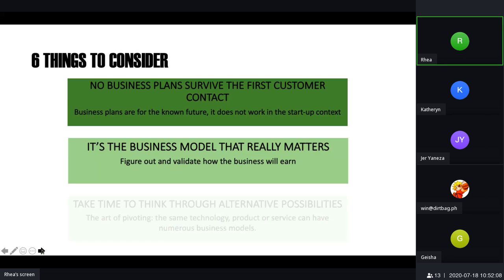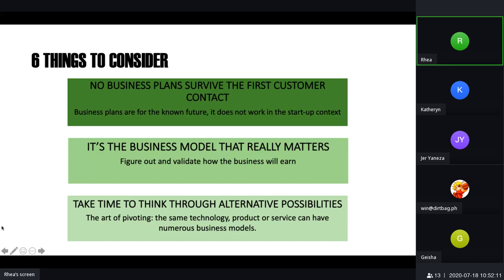To continue, you need to take time to think through alternative possibilities. No wonder the word pivot always comes out in the startup world, simply because we need to be able to change and iterate. We might need to go in a different direction, tap another customer segment if need be, because that can help us identify the most feasible way for our business to make money.